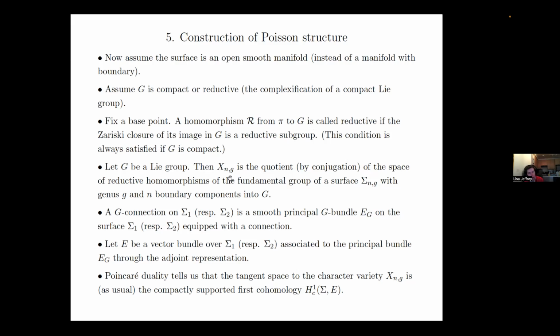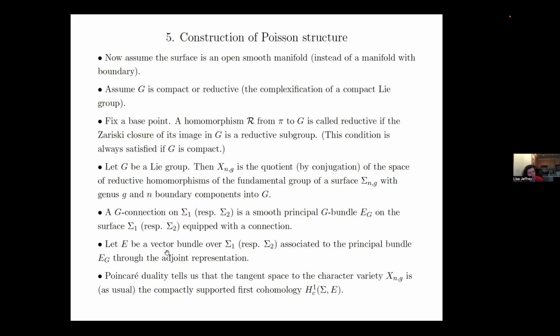So we define X_N(G) as the quotient under conjugation of the space of reductive homomorphisms of the fundamental group of a surface. And a G connection on a surface will mean a smooth principal G bundle on the surface that is equipped with a connection.